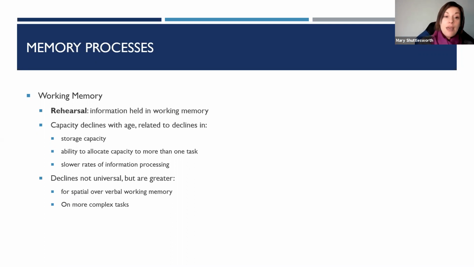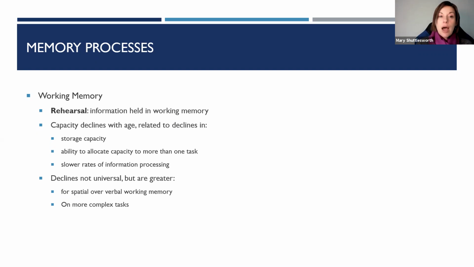We do see that there are some declines in age with working memory capacity. So remember, working memory is limited to begin with. We talked about Miller's magic number 7. That's 7 plus or minus 2 pieces of unique information. That's our general working memory capacity. But with age, we do see a reduction in that storage capacity. So older adults have a more difficult time storing multiple pieces of information in that working memory.